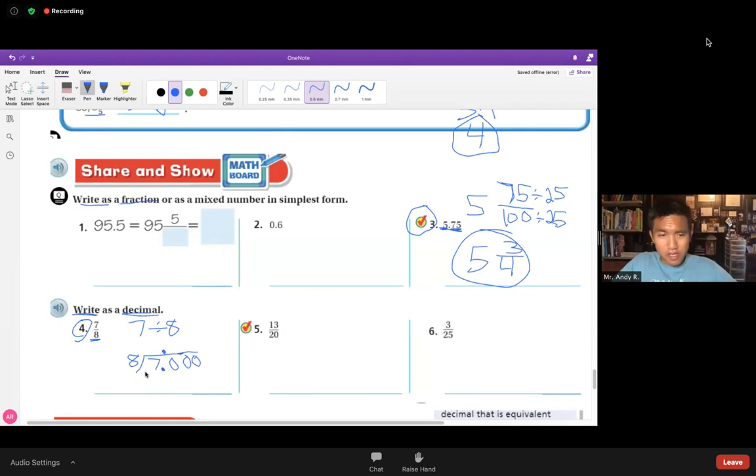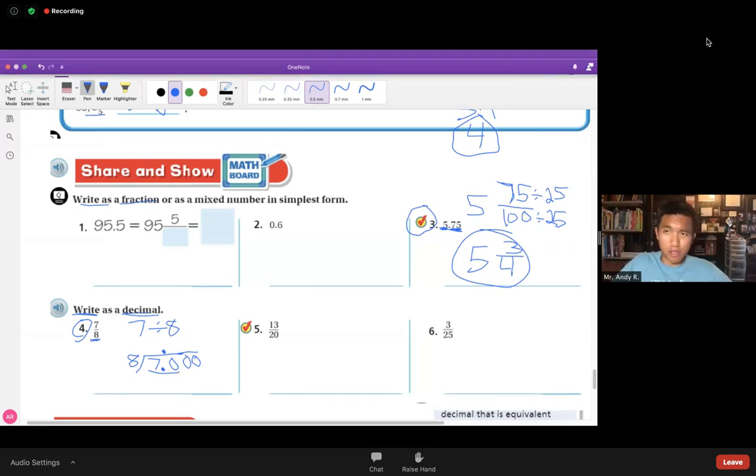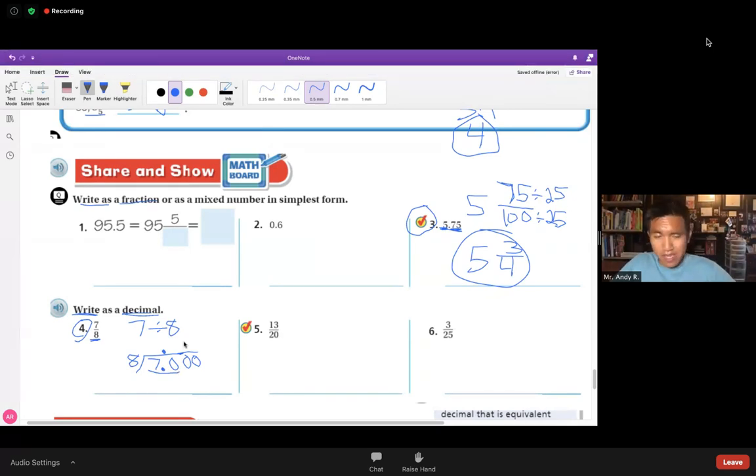Now just look at the digits. Let's go up to 2 digits. 70. 8 times what equals the number closest to 70? Yep, 8 times 8 equals 64.